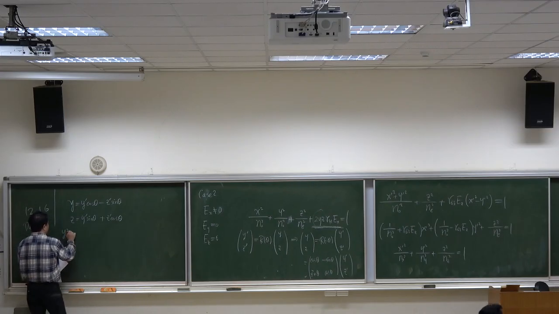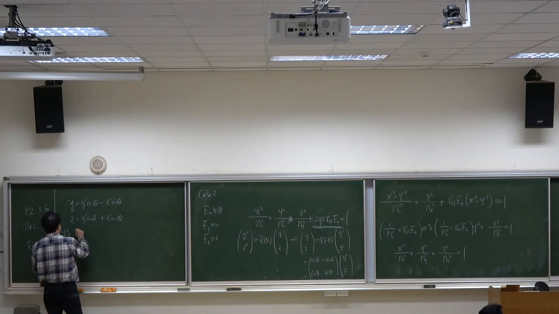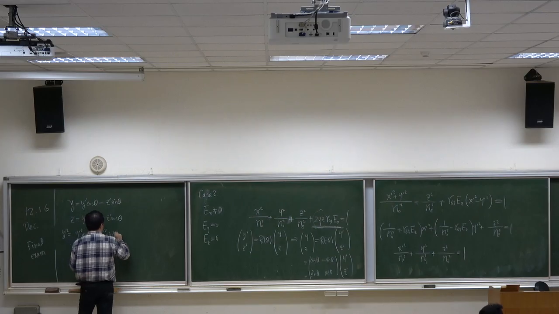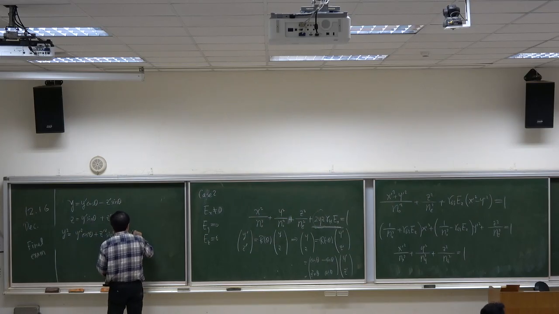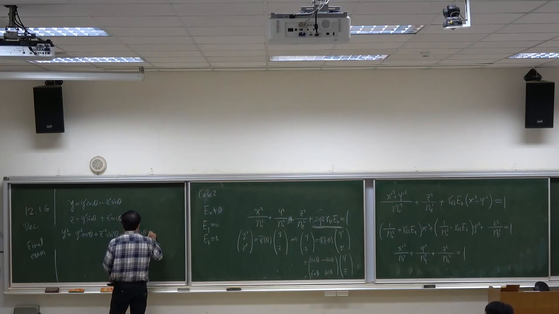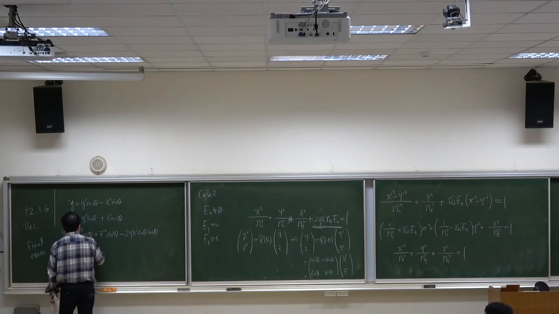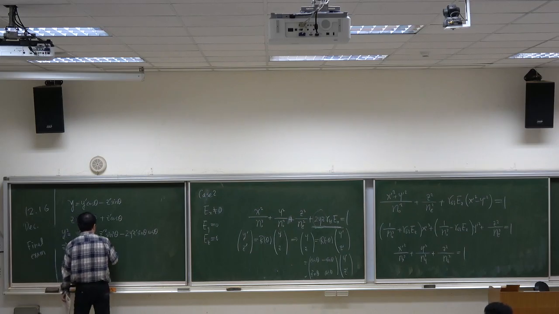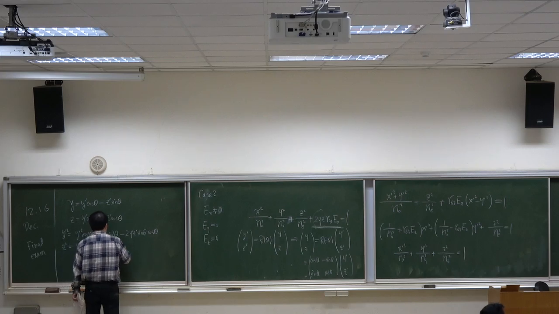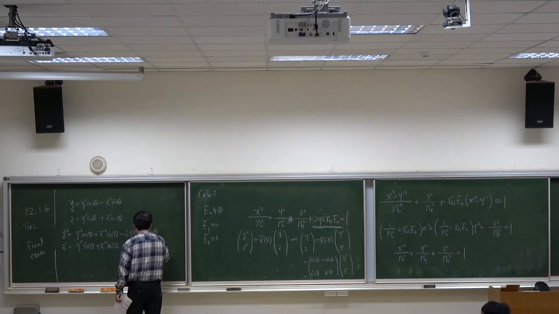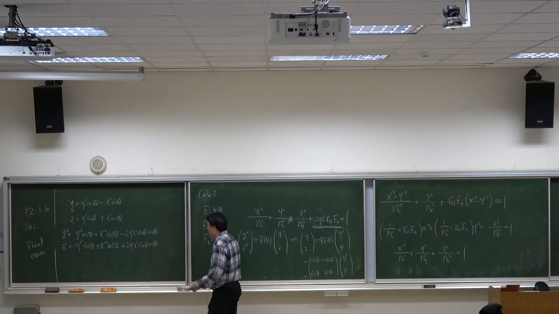So y squared now is equal to y prime squared cosine squared theta plus z prime squared sine squared theta minus 2 y prime z prime sine theta cosine theta, and z squared is equal to y prime squared sine squared theta plus z prime squared cosine squared theta plus 2 y prime z prime sine theta cosine theta.